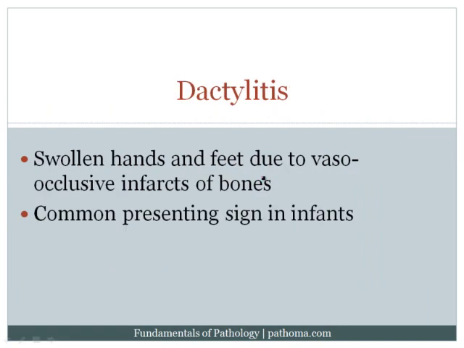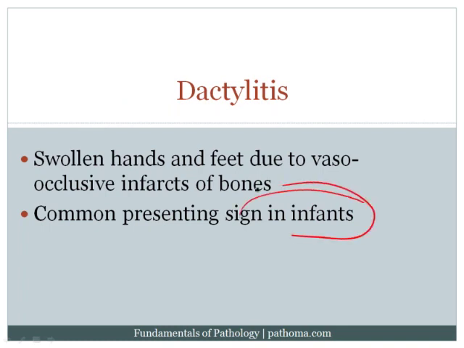The first classic example of vasoocclusion would be dactylitis. Dactylitis refers to swelling of the bones of the hands and the feet, usually due to vasoocclusive infarction. This is the common presenting sign in infants, a very common presenting sign.